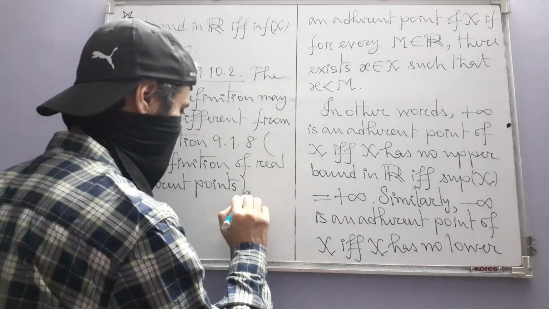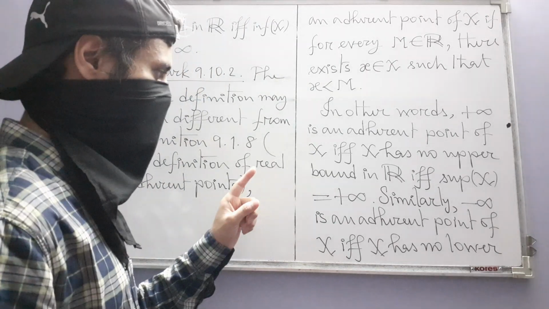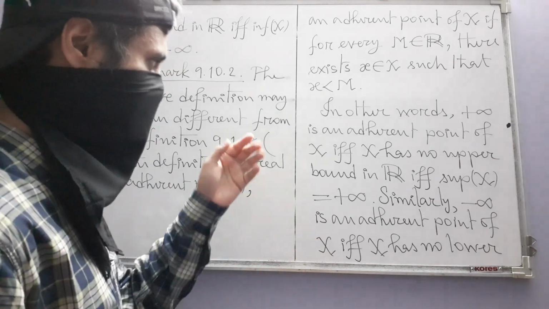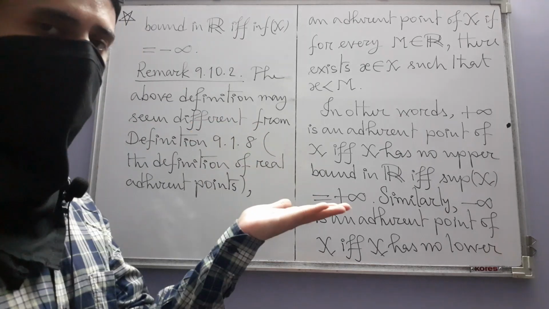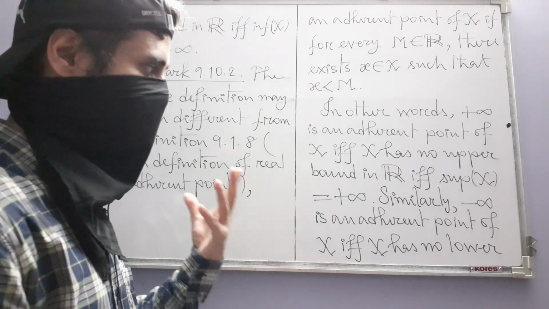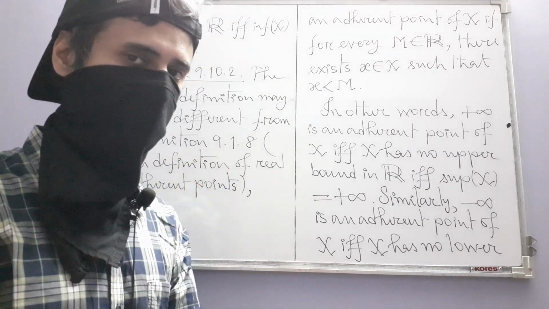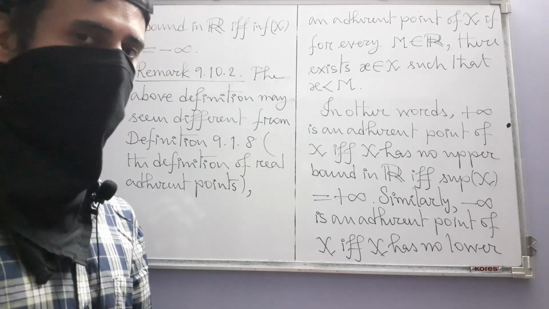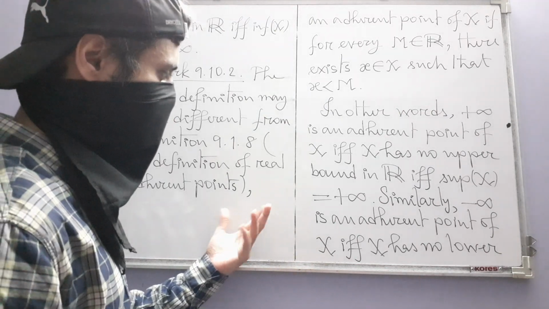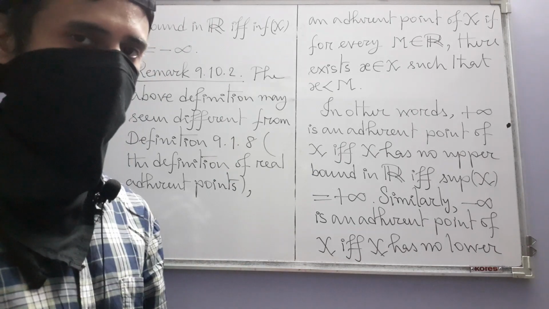But they can be unified. Truly speaking, there is no distinction between this new definition that we have seen just now and the old definition, provided we think of the extended real number system using the topological structure of that extended system. You will be able to see that the two definitions are in fact the same thing.